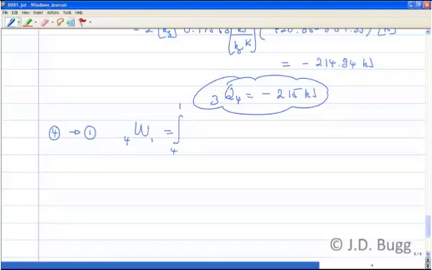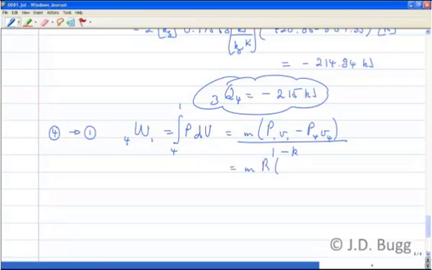So we're going from 4 to 1. So that's going to be mass P1 V1, which remember is the final point, minus P4 V4, which is the initial point in this process, divided by 1 minus K. And again, replace PV with RT.